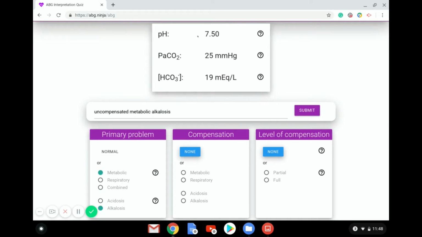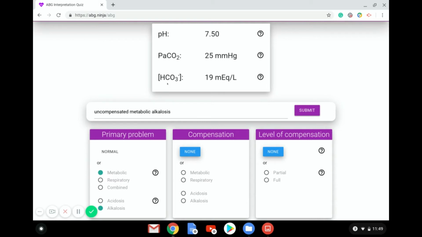So first we look at the pH with respect to the carbon dioxide concentration, right? We see that this first number, the pH, is high, and then we look at the next number. So we see that 25 is low. That 25 millimeters of mercury is below the 35 to 45 that it should be. So that arrow will be down, right?